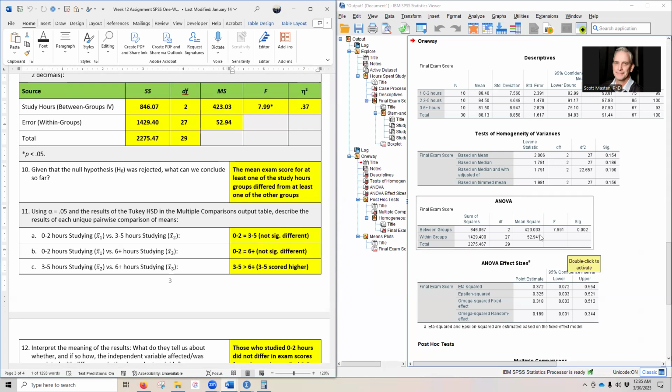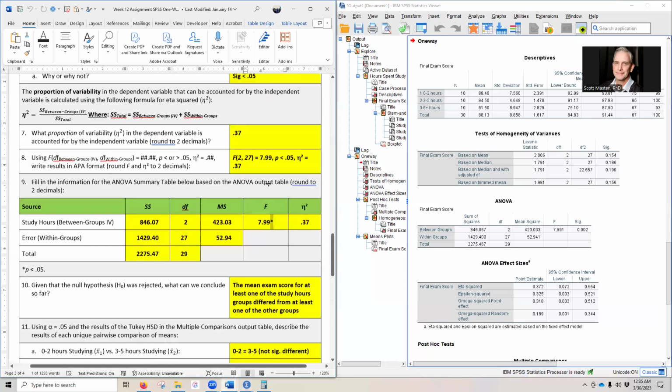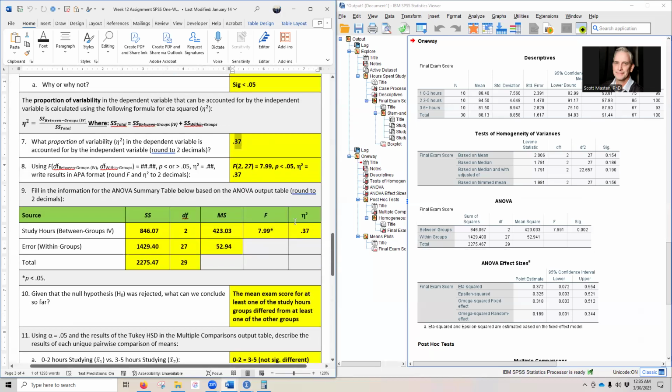Mean squares, 423.03 and 52.94. Our F value rounded to 2 decimals is 7.99. It is significant, so it gets a little star right there, which means P is less than 0.05. And then finally, eta squared, which we calculated up above, is 0.37. That goes here.